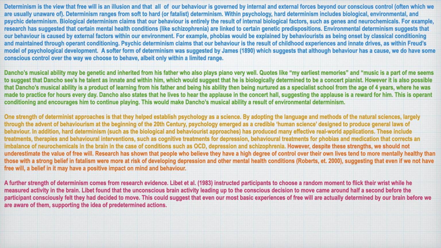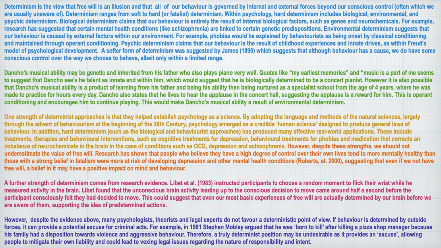And then I've got my evaluation points from before. Like I said, it's okay to use a bit of free will in your evaluations because you're challenging the idea of determinism. But obviously you can get rid of any evaluation points that you want.